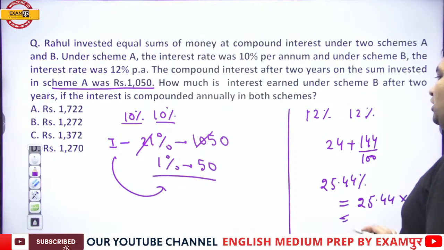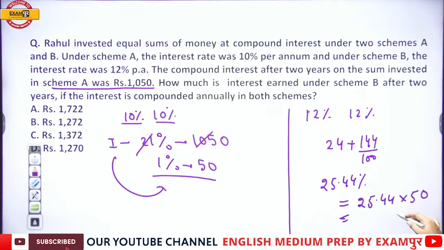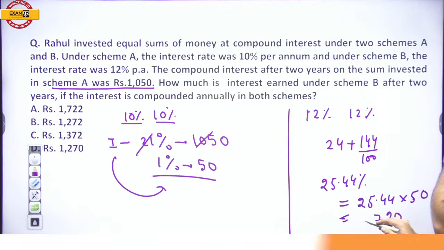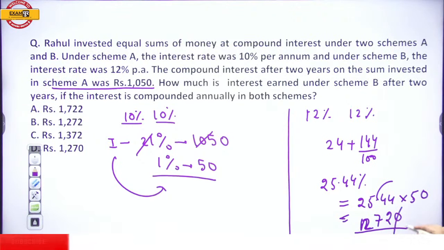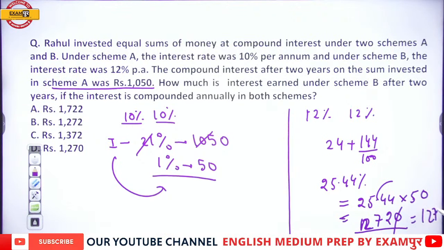Multiplication will not be that tough. 5 4s are 20, 22. Then 5 5s are 25, 27. Then 10, 12. So 1272. The decimal and the 1 will cancel out, so 1272 is the answer.